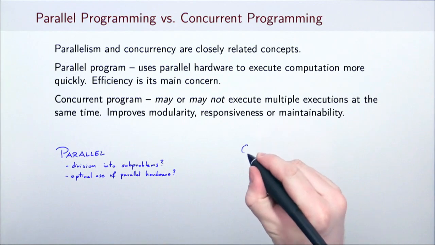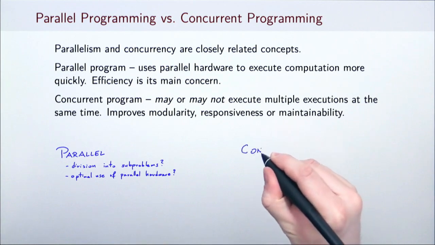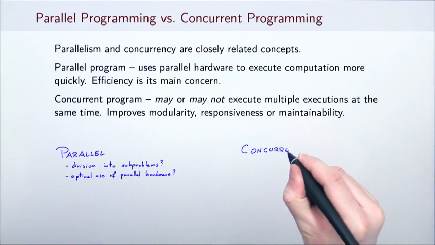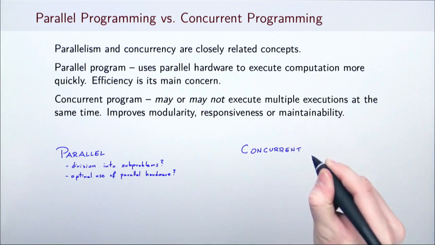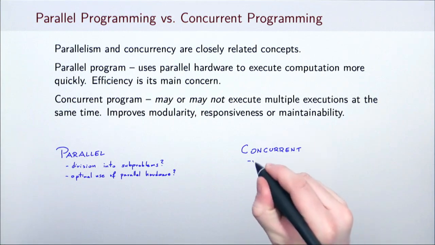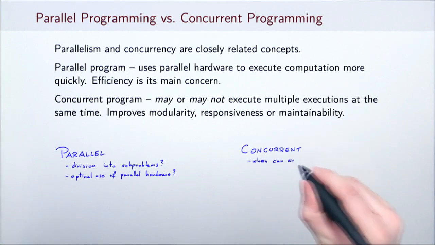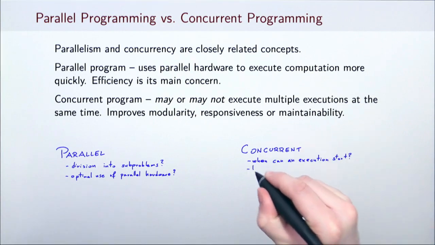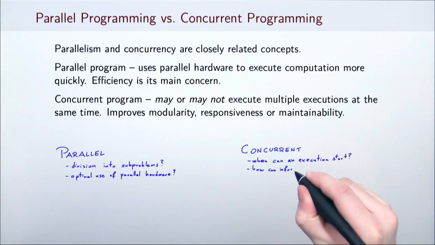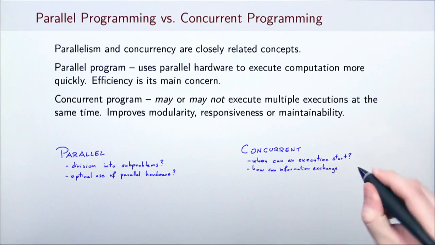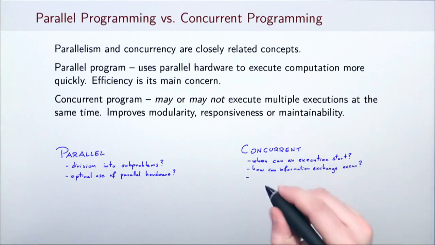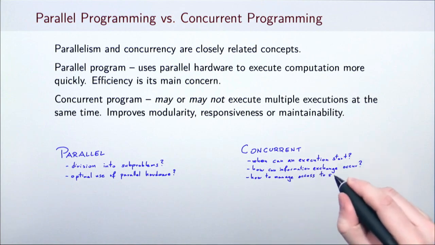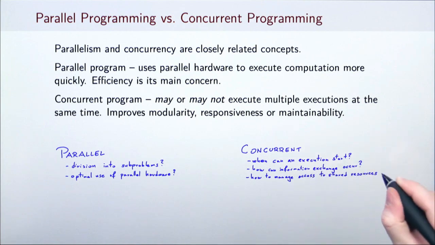Concurrent programming serves to structure programs better in order to improve modularity, responsiveness to input and output events, or understandability of the program. As such, concurrent programming is concerned with questions like when can a specific execution start, when and how can two concurrent executions exchange information, and how do computations manage access to shared resources, such as files or database handles.